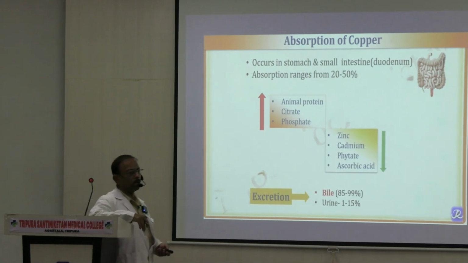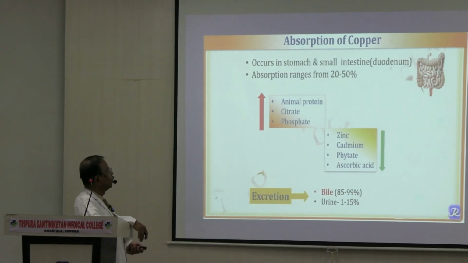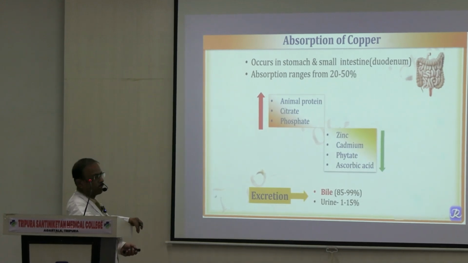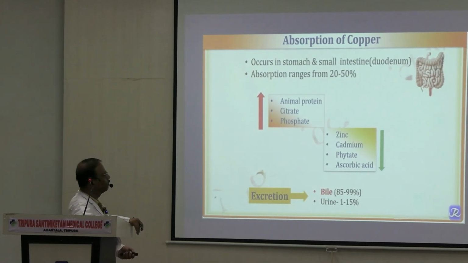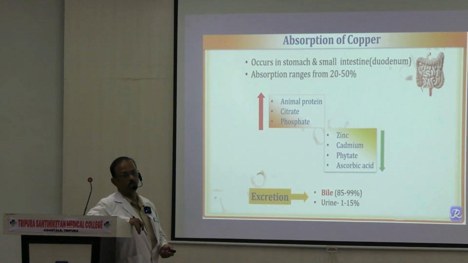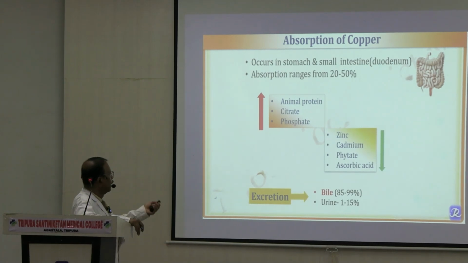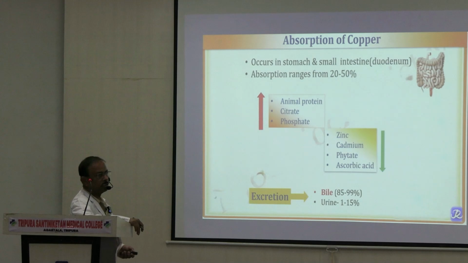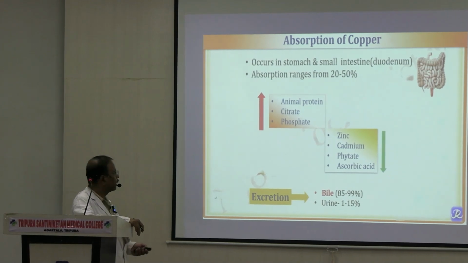Absorption of copper occurs in the stomach and small intestine. Absorption ranges from 20% to 50% of the total ingested copper. Animal protein, citrate, phosphate facilitate copper absorption.